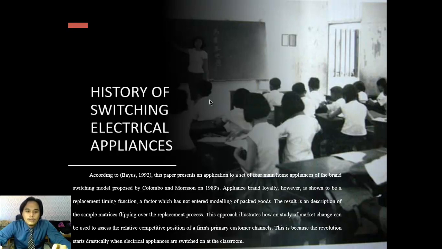According to BIOS in 1962, this approach illustrates how one study of market change can be used to assess the relative competitive position of a firm's primary customer channel. This is because the revolution starts drastically when electrical appliances are switched on in the classroom. As you can see, our world is becoming more and more technological, so the technology for switching on electrical appliances will also be revolutionized.